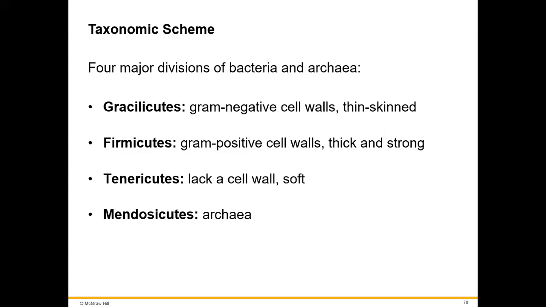Tenericutes lack a cell wall and are soft, so those would be like the mycoplasmas. And the Archaea are Mendosicutes, I believe. Those are the four major groups of all bacteria.